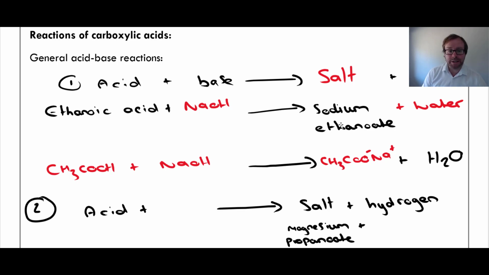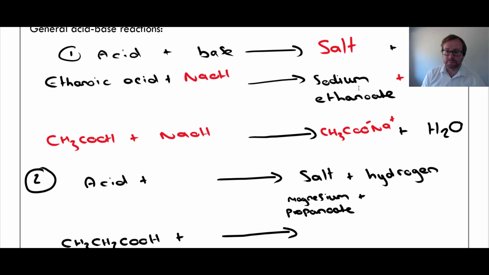So because it's sodium ethanoate, I know that my base must be sodium hydroxide, it probably will be sodium hydroxide. I could have said an alkali here to be a bit more specific. And this is the formula of my salt, so sodium ethanoate. And I've put the minus and the plus on. You don't have to. You can just leave it as COONa. It's up to you. Make sure it's balanced.